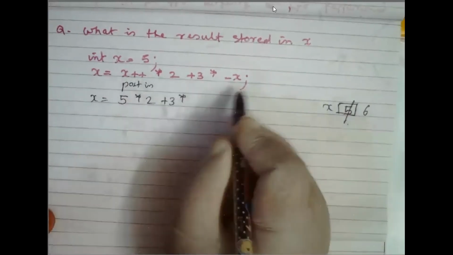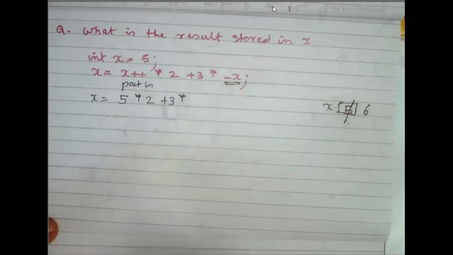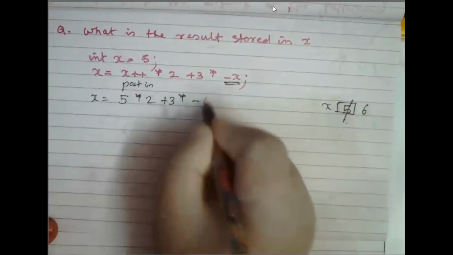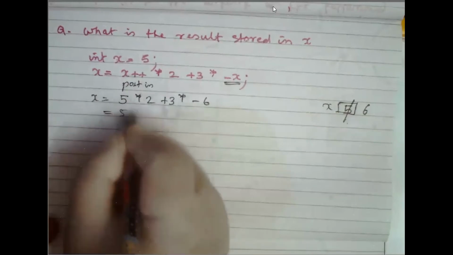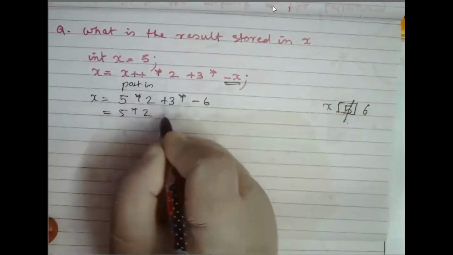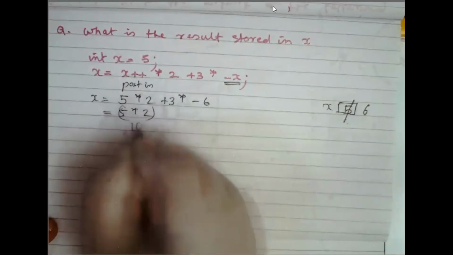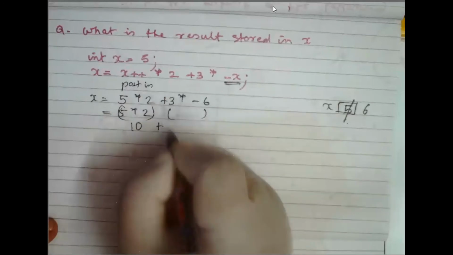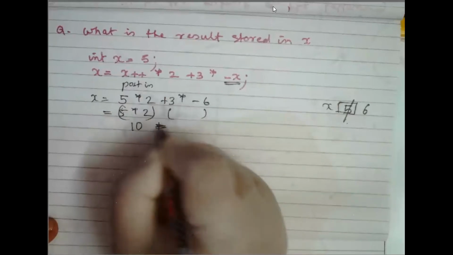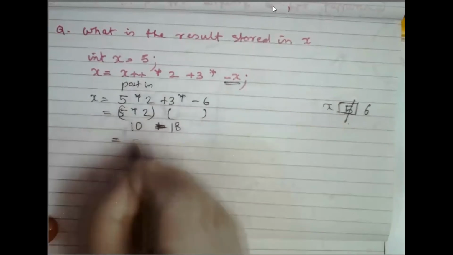Now this minus 6 is again a unary operator, which will just change the sign. That is, the 6 will now become minus 6. It will be multiplied as minus 6. So in the next line I'll get 5 into 2 plus, this 5 into 2 will become 10, plus this 3 into minus 6, it will become minus 18, and the result I'll get is minus 8.